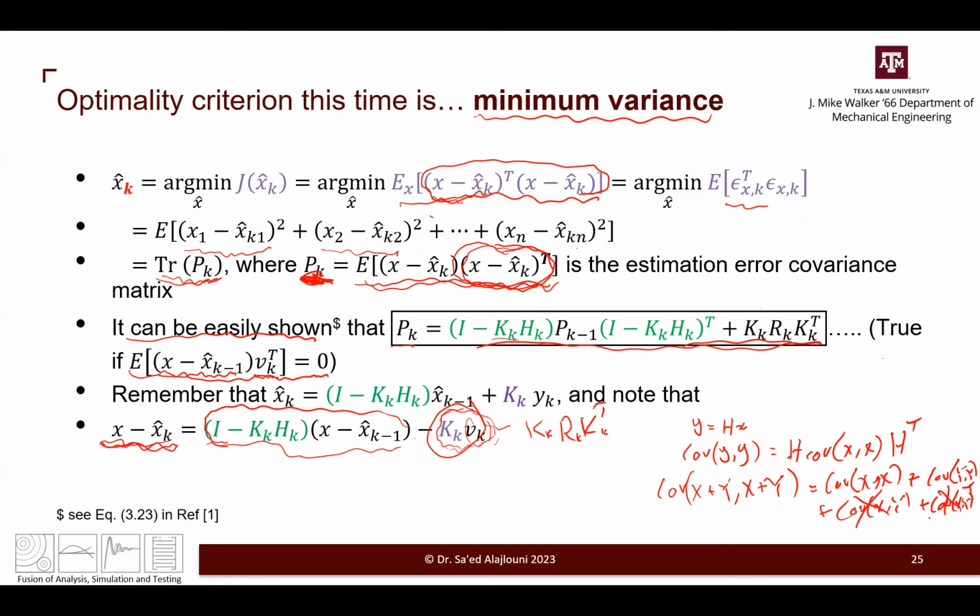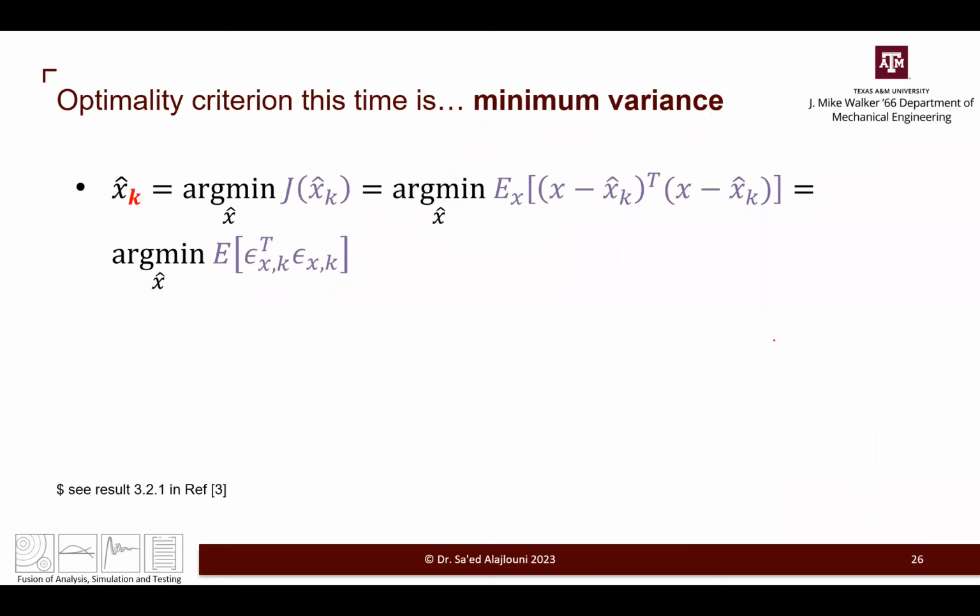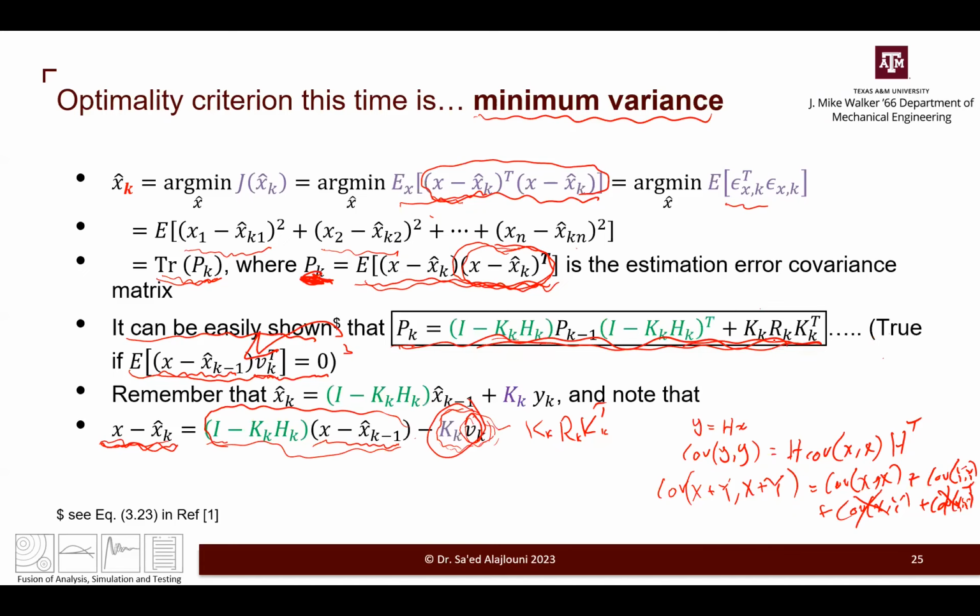So here we're going to do something similar. If we assume that this term, the estimation error using the previous estimate at the k-1 sample, and the measurement noise are uncorrelated, which is what we say here, then eventually we get to this expression. So I just showed you how we got this term.